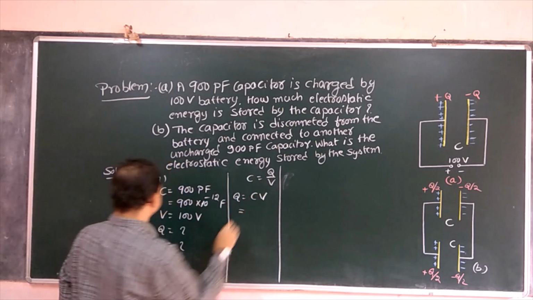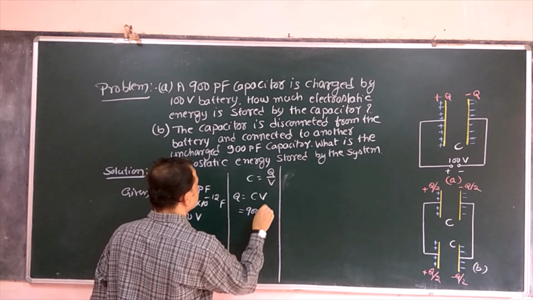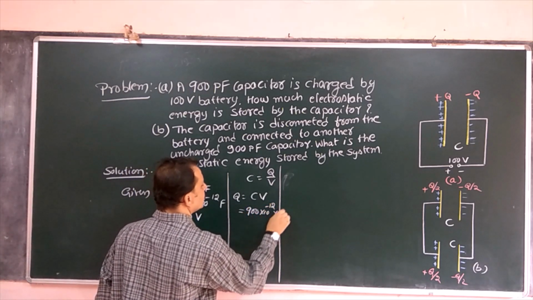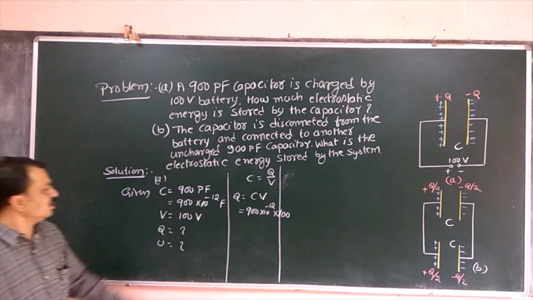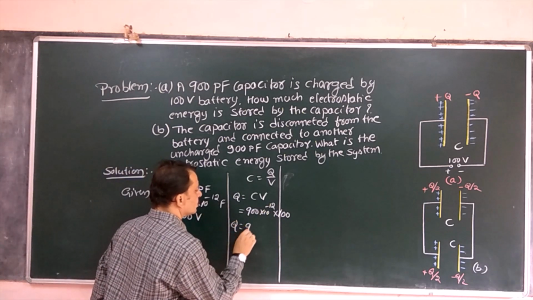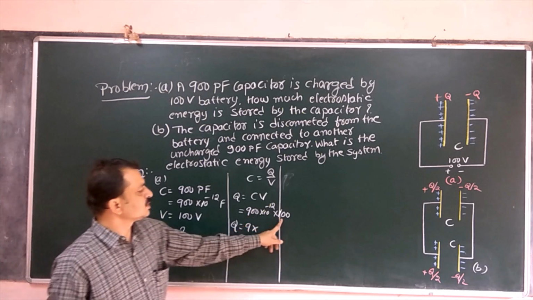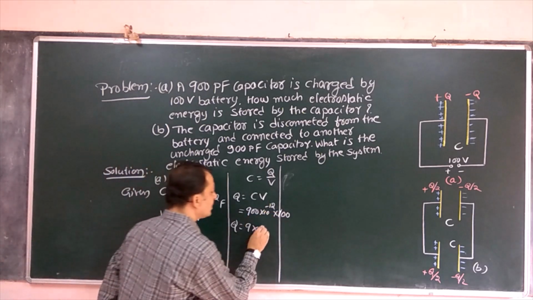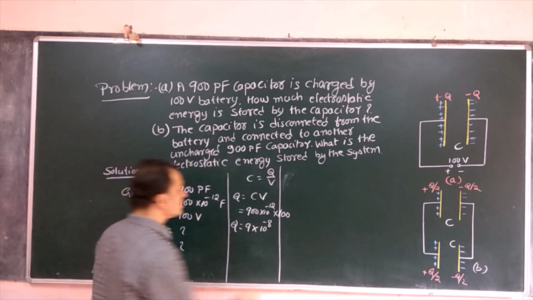The capacitance is given, 900 into 10 to the power of minus 12 into voltage 100. So it is 9 into, 2 zeros and 2 zeros make 4, so 10 to the power of minus 8. 9 into 10 to the power of minus 8 coulomb.